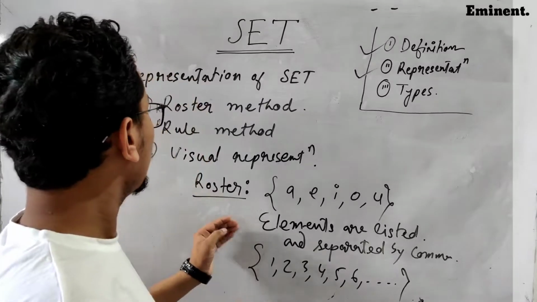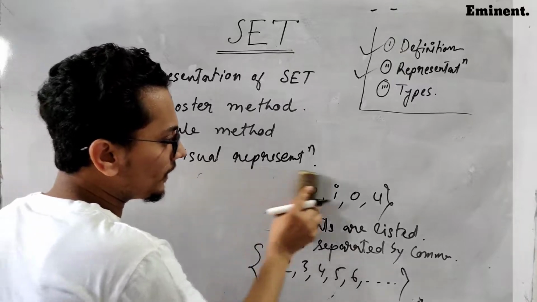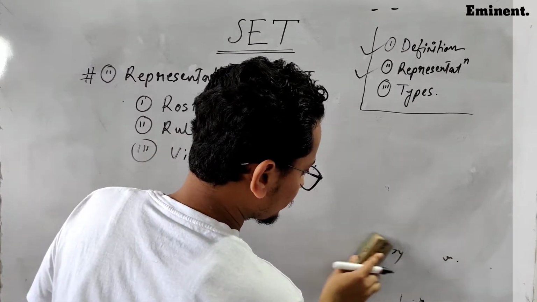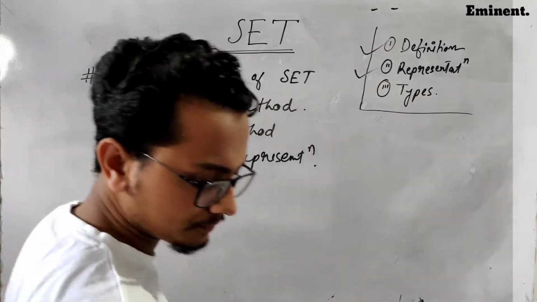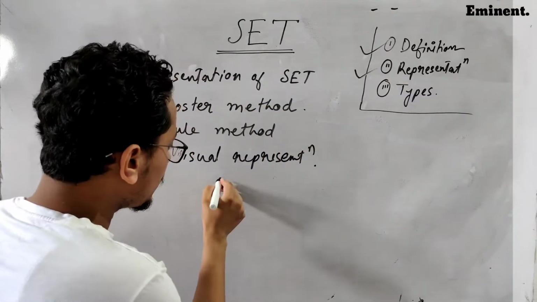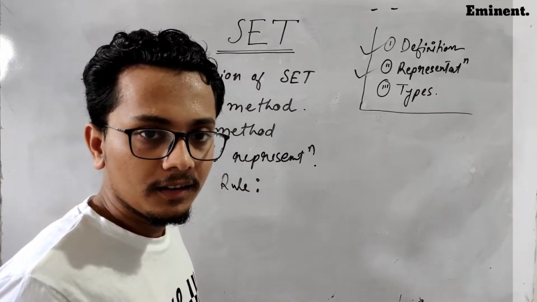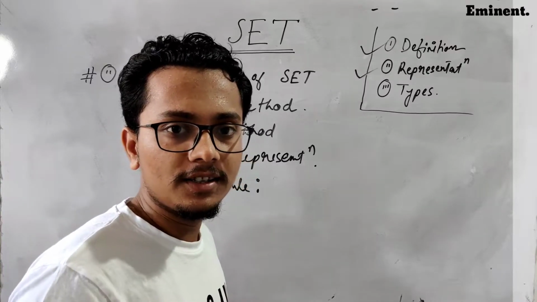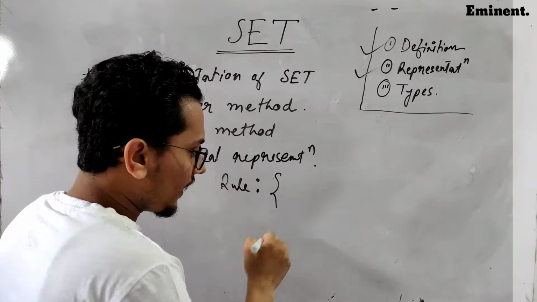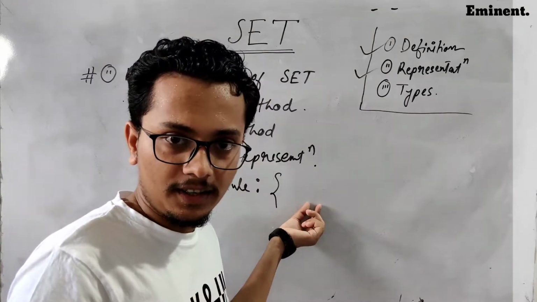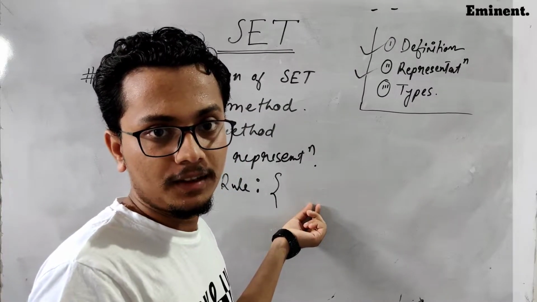Now let me explain what exactly the rule method is. In the rule method, elements are not listed by commas. In the rule method, the set is represented by its property, right?